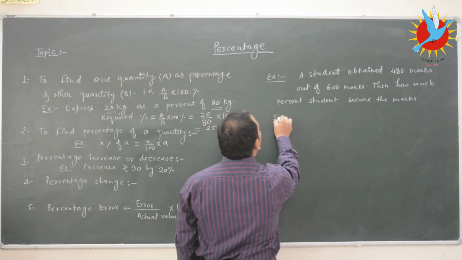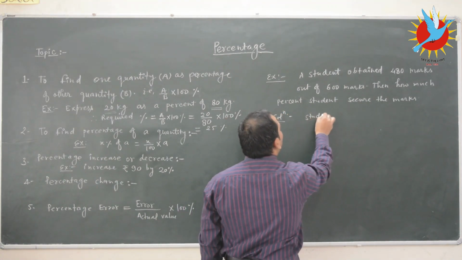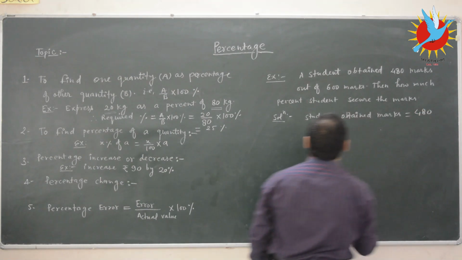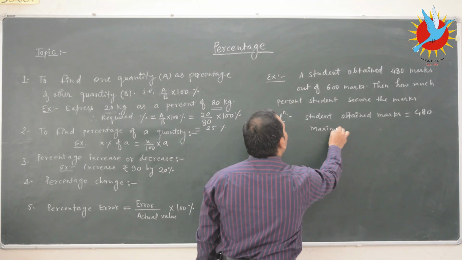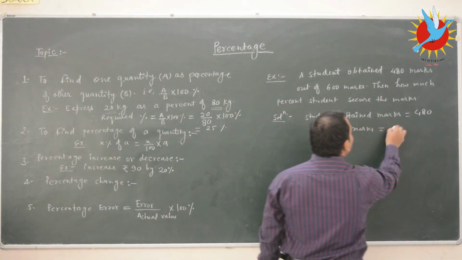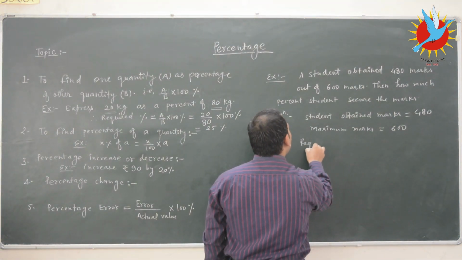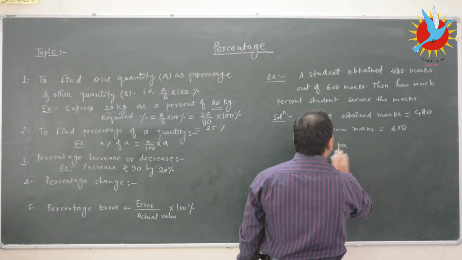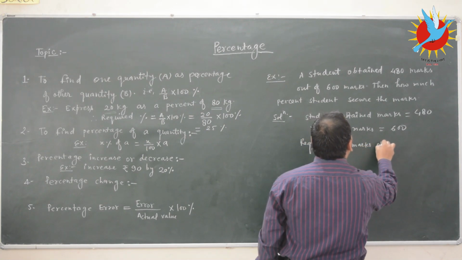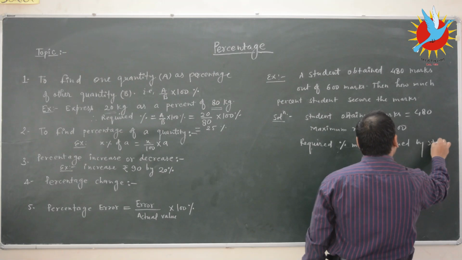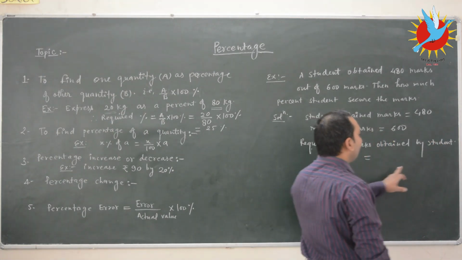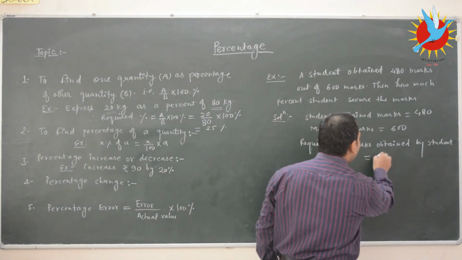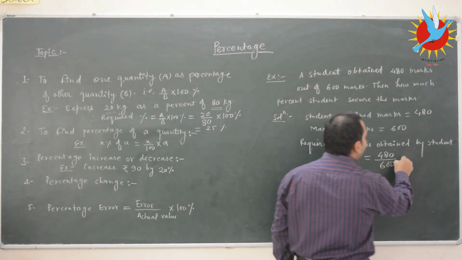So in this case, the student's obtained mark is equal to 480, the maximum mark is equal to 600, and we need the required percent of marks obtained by the student. The first way is to write the fraction A upon B and multiply by 100%, that is 480 marks out of 600 marks times 100%.